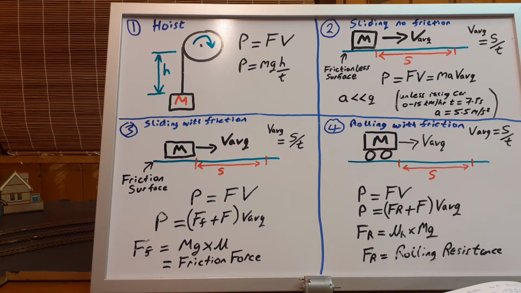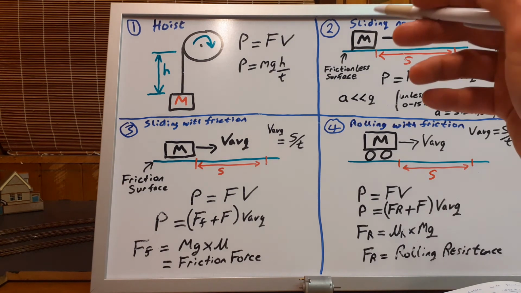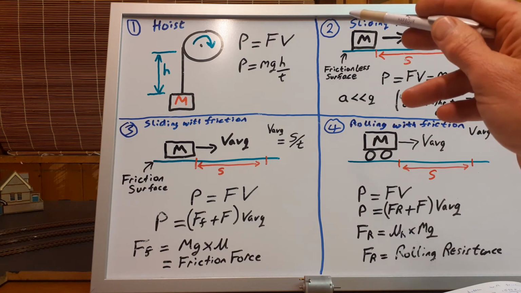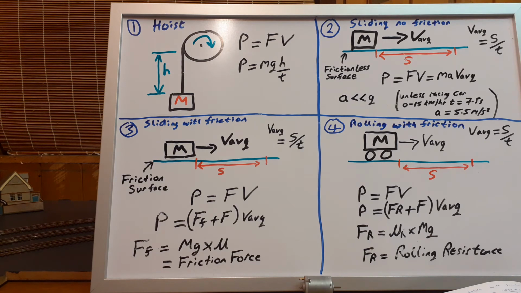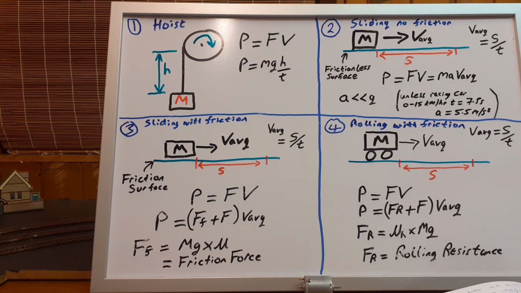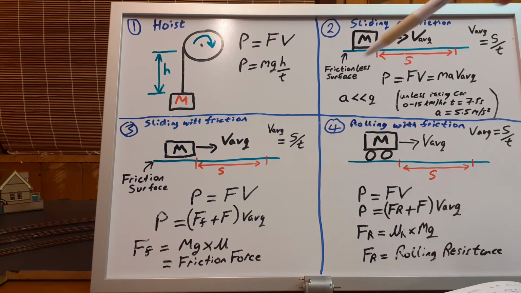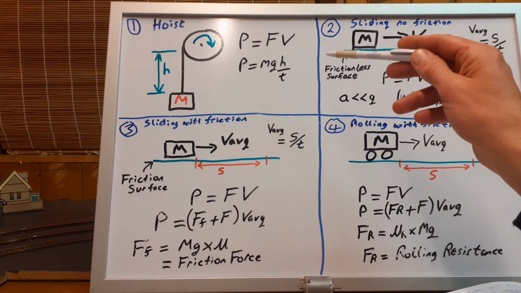But you need to know what speed you want to move it at, or its average speed. So that's going to give you power is equal to force by velocity. That's going to give you power. Pause there. So you need to know your mass and you need to know velocity.